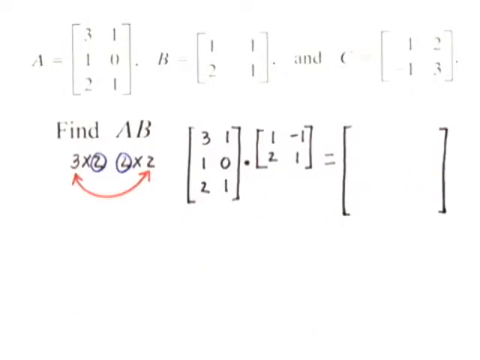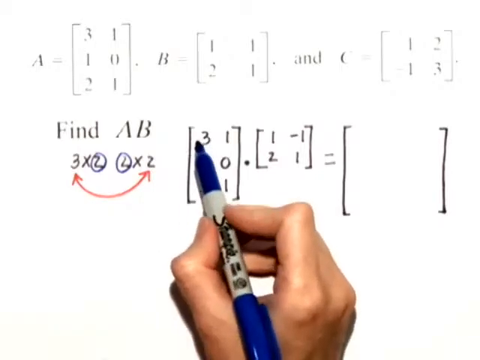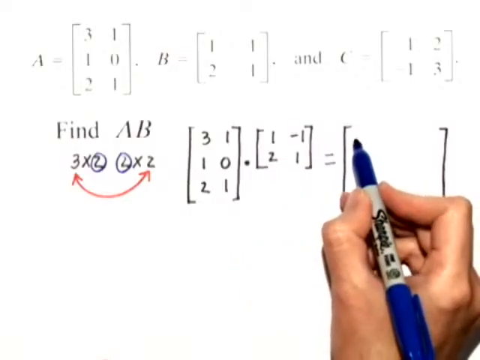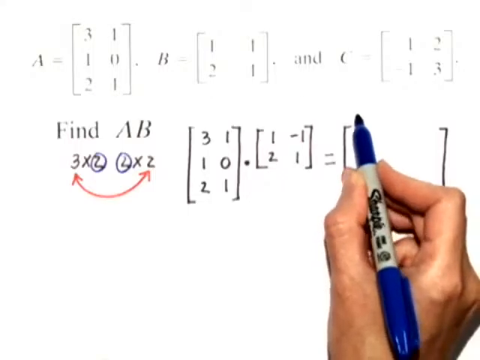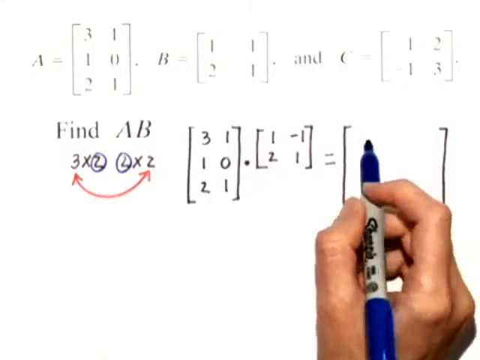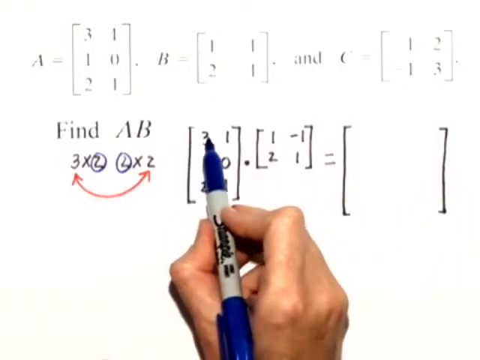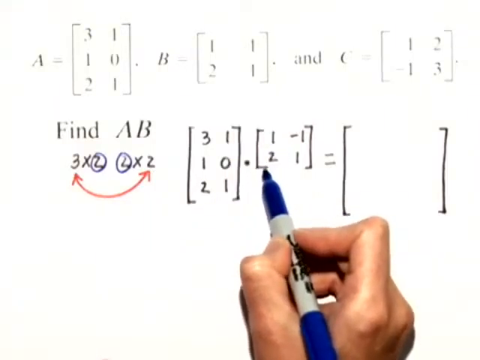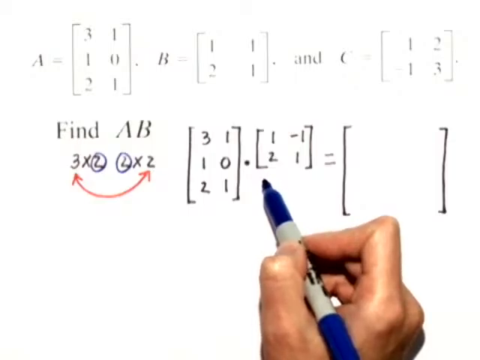Now, the way we multiply one matrix by another is we multiply a row by a column. So notice this first element. This first element is in row 1, column 1. So that tells me I need to multiply row 1 of the first matrix by column 1 of the second matrix, each corresponding element.